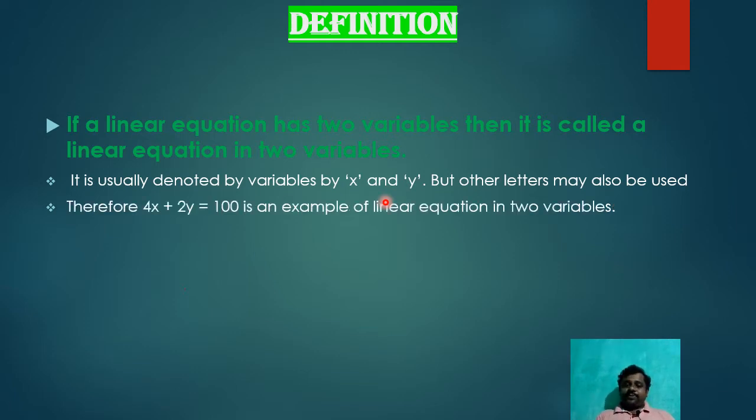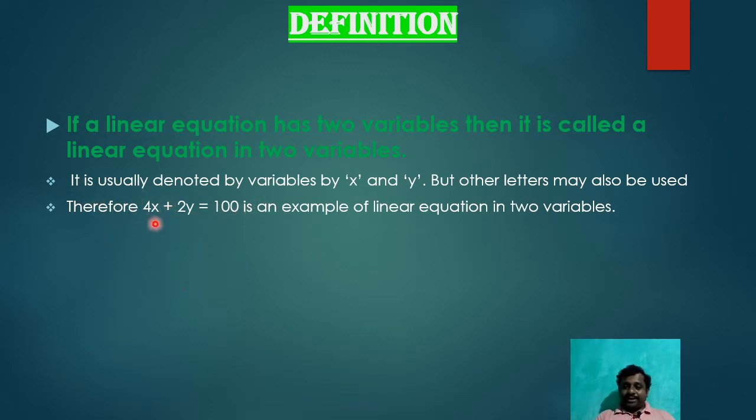For example, observe here, 4x plus 2y is equal to 100. In this particular case, 4 is a constant, x is a variable. Here, 2 is a constant, y is a variable. Here, 4x plus 2y is an expression. 4x plus 2y is equal to 100 is an equation.